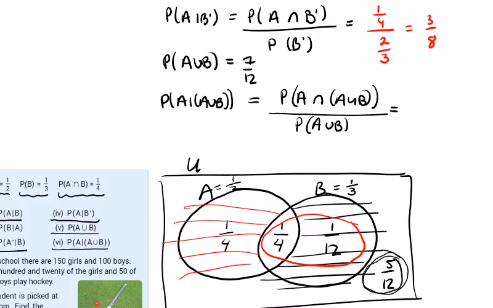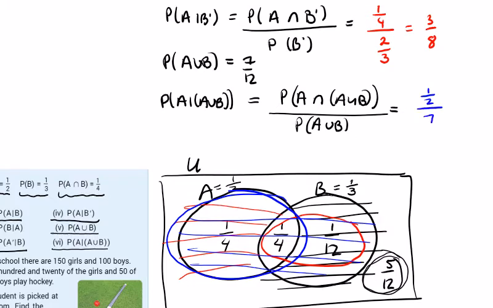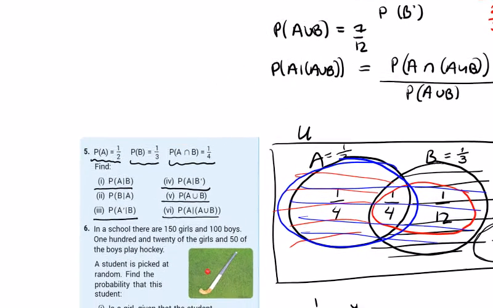So where does A cross over with A union B? Well, there's A union B. Where does A cross over with it? Just draw a circle around A. You can see it's everything inside A, so it's 1 over 2 divided by the union, which was 7 over 12. And this is going to give 12 over 14. That's question 5.